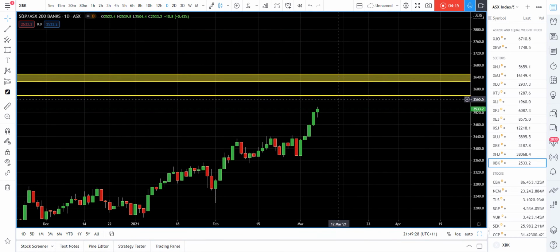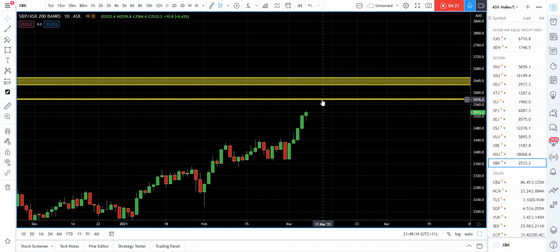However, I will be cautious when it reaches this level here. So we still have some bullishness. We haven't touched this level yet, nor the major one here at 2629, and this minor one is at 2579. Now it is at 2533, so still some points to gain. It is definitely bullish so far.